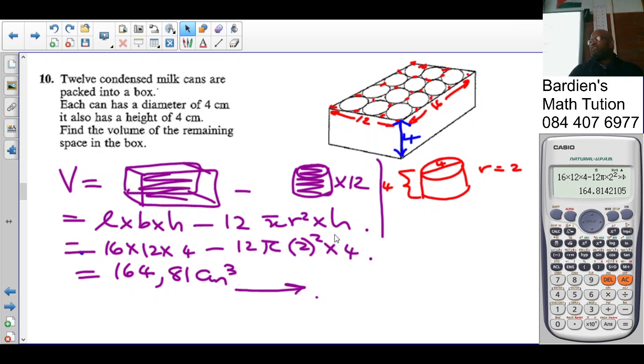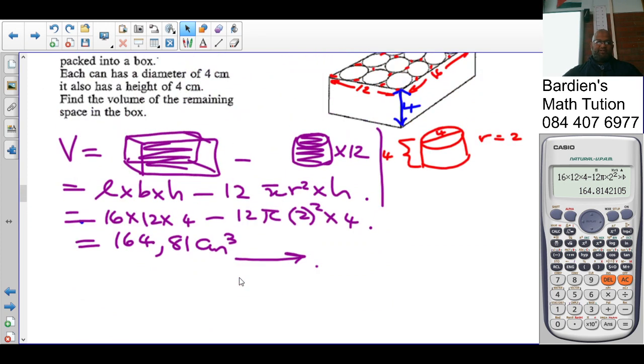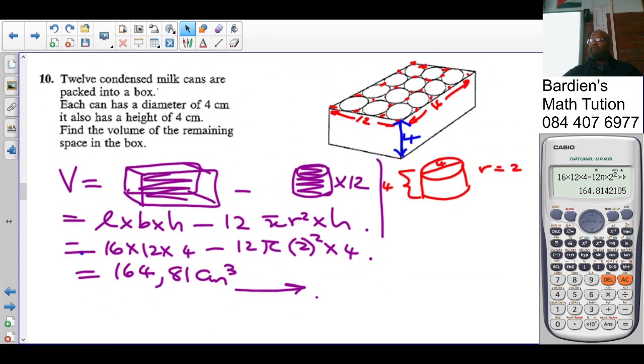You're going to get over 40%. Nice. But people, please go through this. This is going to be used all the way up until grade 12. Right, so now we're going to the past exam papers.